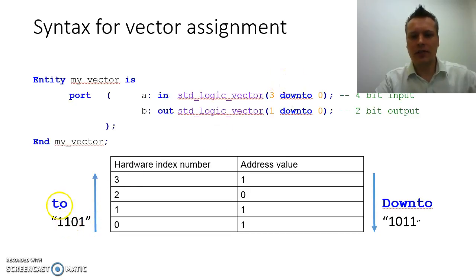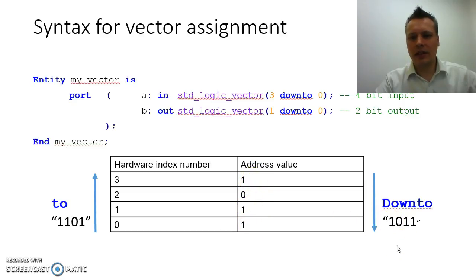If we look at the to variation, then we go along the regular direction of the index variable, and we get 1, 1, 0, 1. That means this is the highest bit, the most significant bit. Whereas if we define it with down to, then we go 1, 0, 1, 1.